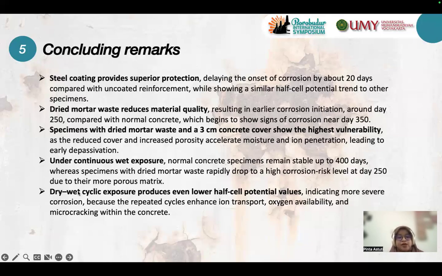And the last, dry-wet cycle exposure produces even lower half-cell potential values, indicating more severe corrosion because the repeated cycles enhance ion transport, oxygen availability, and microcracking within the concrete.